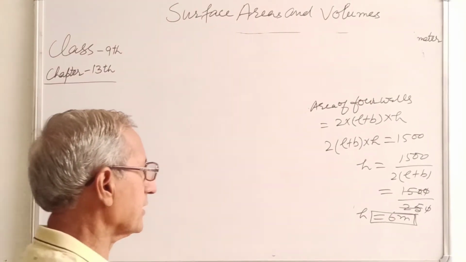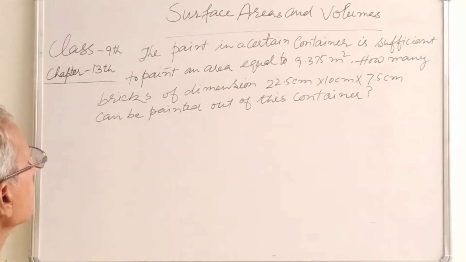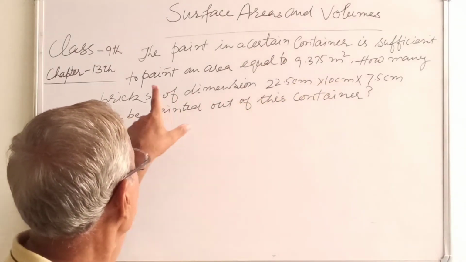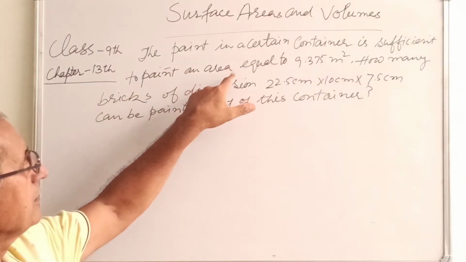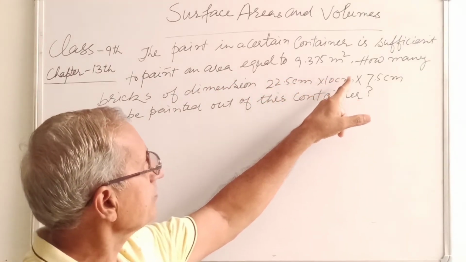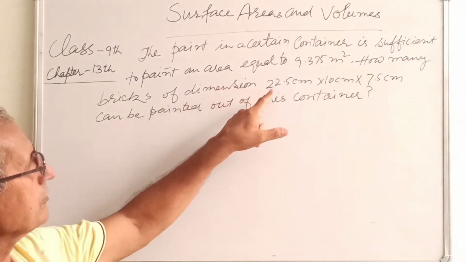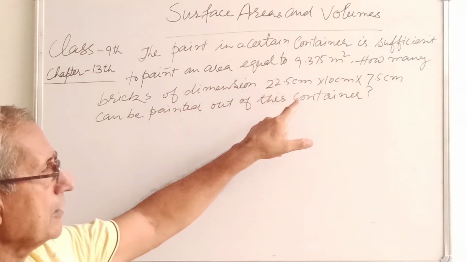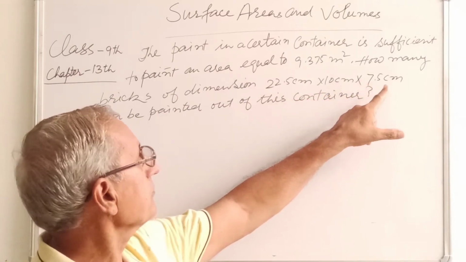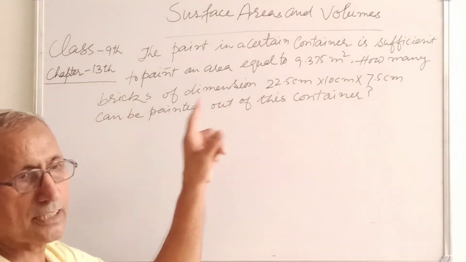Now we'll take up the second question. Here is the next question. The paint in a certain container is sufficient to paint an area equal to 9.375 meters square. So how many bricks of dimension 22.5 centimeter multiplied by 10 centimeter multiplied by 7.5 centimeter can be painted out of this container?